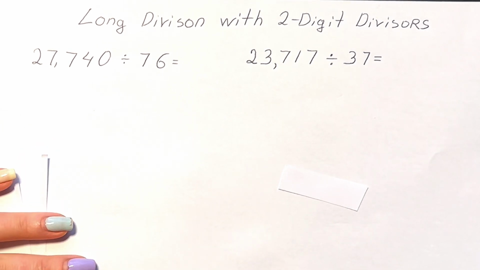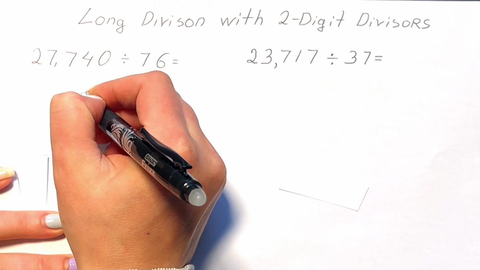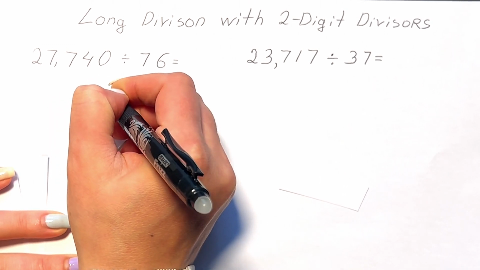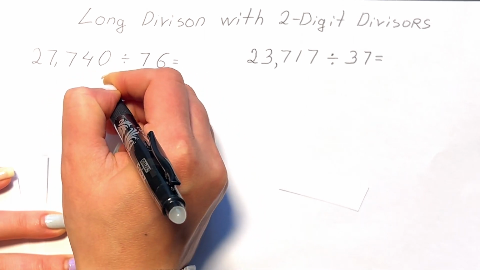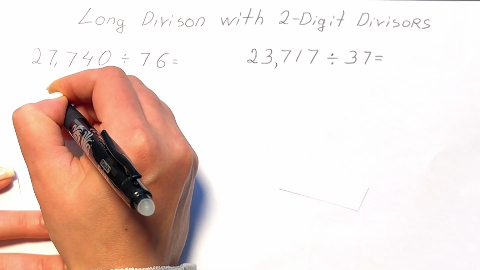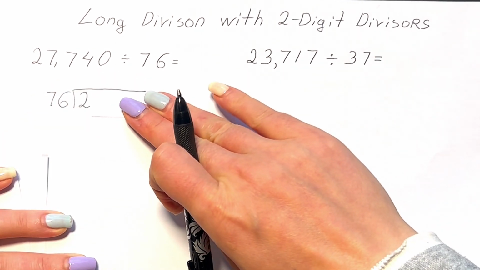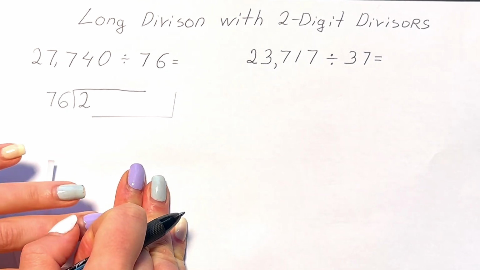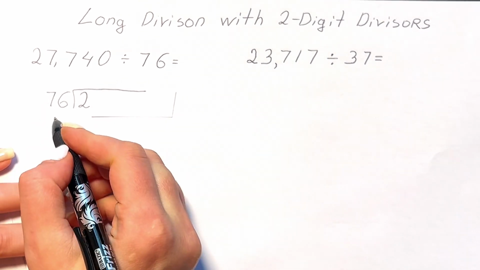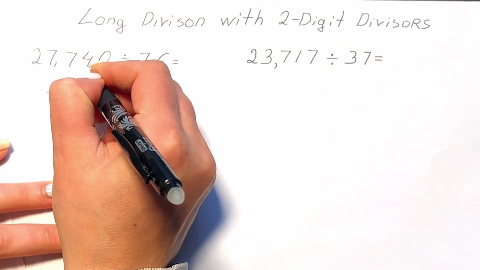Okay, so 27,740 divided by 76. The same way we will cover the digits and try to divide digit by digit. 76 goes to 2 0 times.